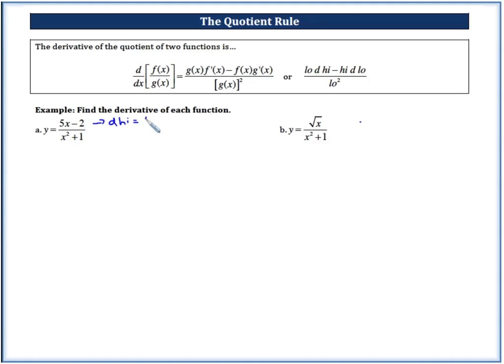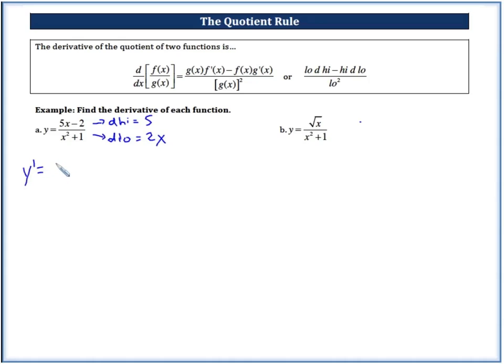Well, it's just 5. And let's go ahead and find d low, or the derivative of the denominator. So d low is going to be 2x plus 0, so it's just 2x. Okay, so let's go ahead and apply this here.